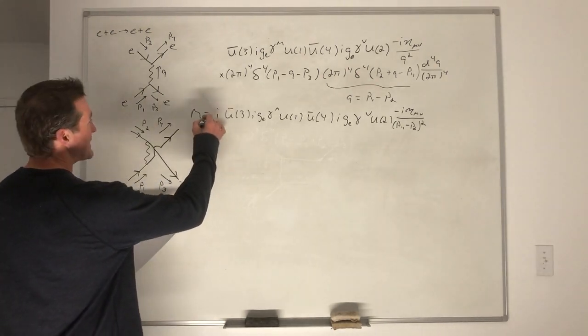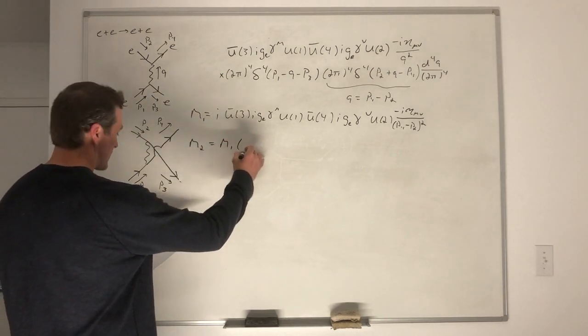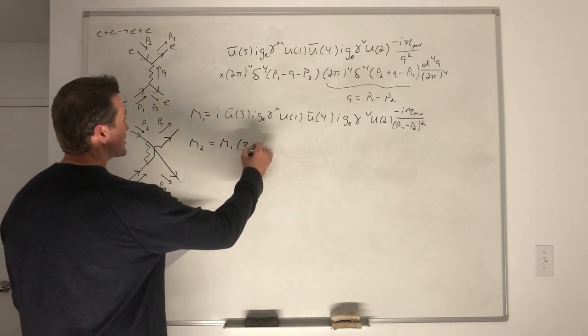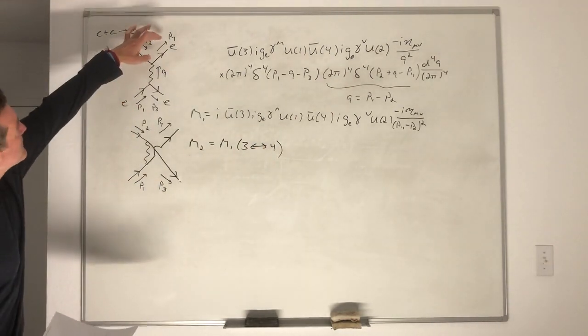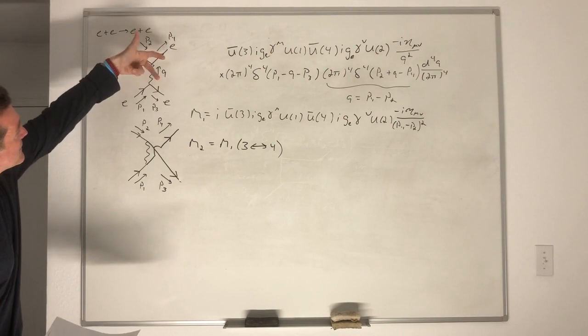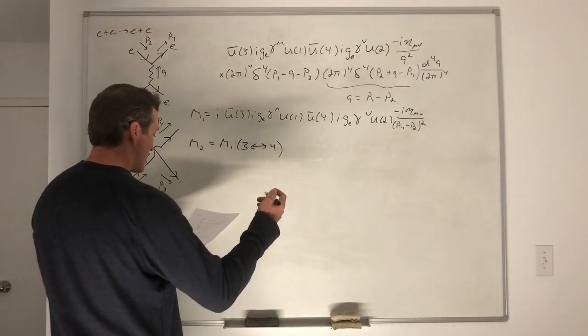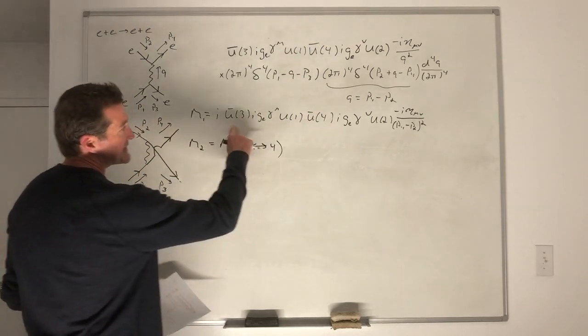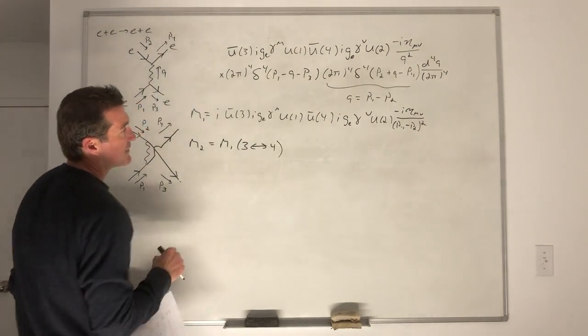So if I call this the M1 contribution, to get the M2 contribution, we take the M1 contribution and we interchange the momentum here and the momentum here. So I'm not going to write that down. It's this expression with the 3 and the 4 everywhere switched.